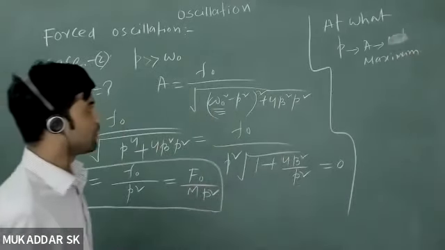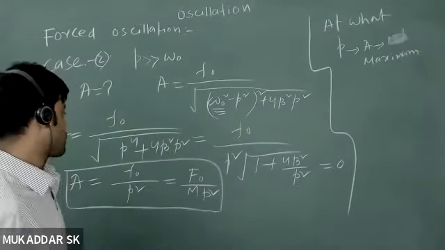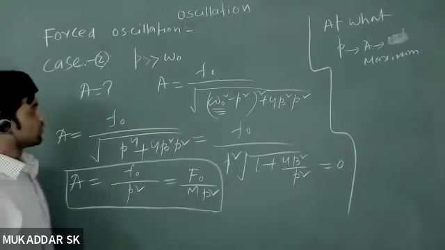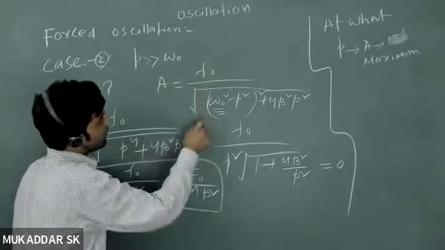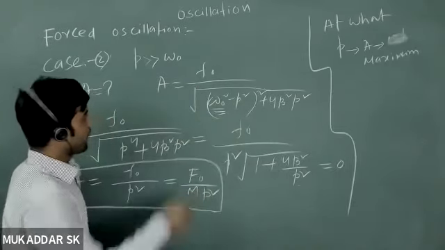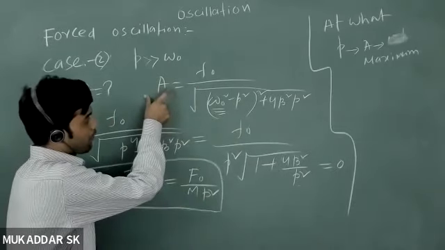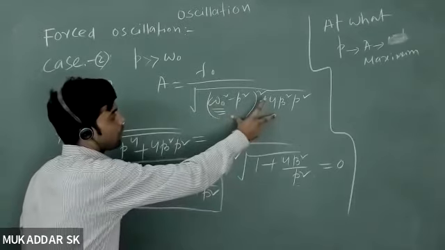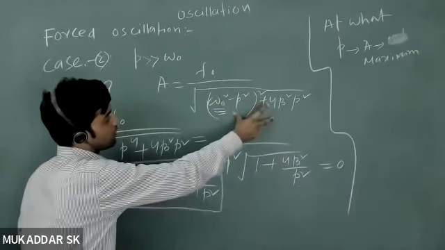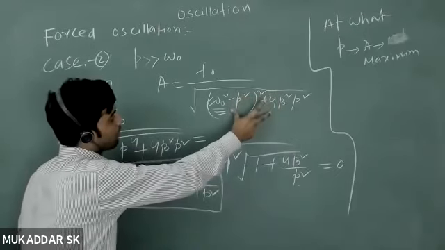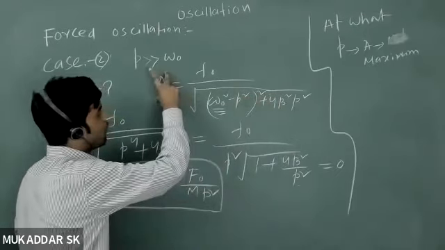So at what p will the amplitude of oscillation become maximum? This is your formula of amplitude, right? F naught divided by this. So when will the amplitude be maximum? When this part is minimum, right? Because this is in the denominator, so when the denominator is minimum, of course A will become maximum.